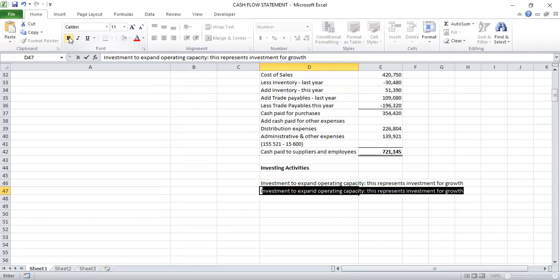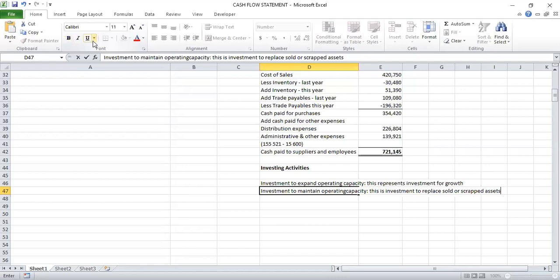Then we've got investments to maintain operating capacity. This is investments to replace sold or scrapped assets. Let's say you've got a vehicle, it had an accident, then you buy a new vehicle to replace the old one.